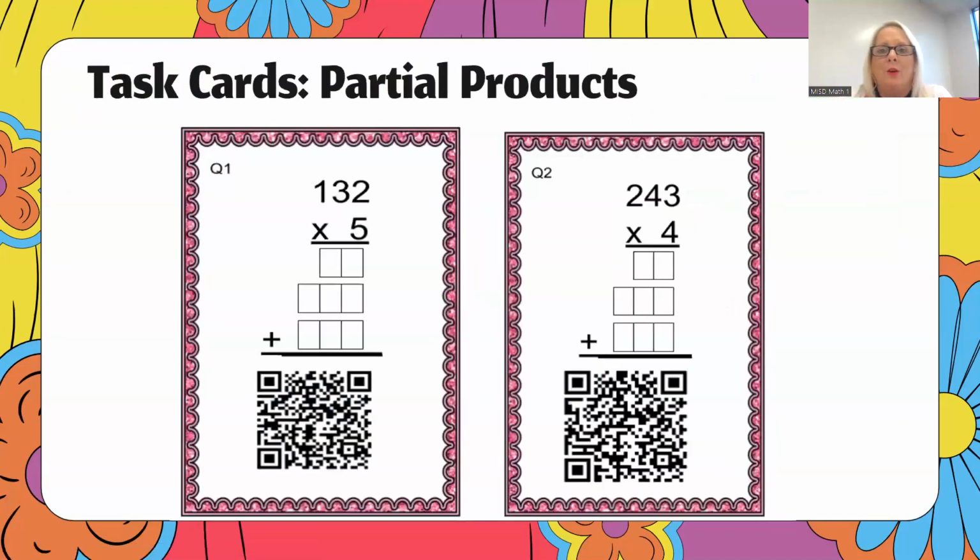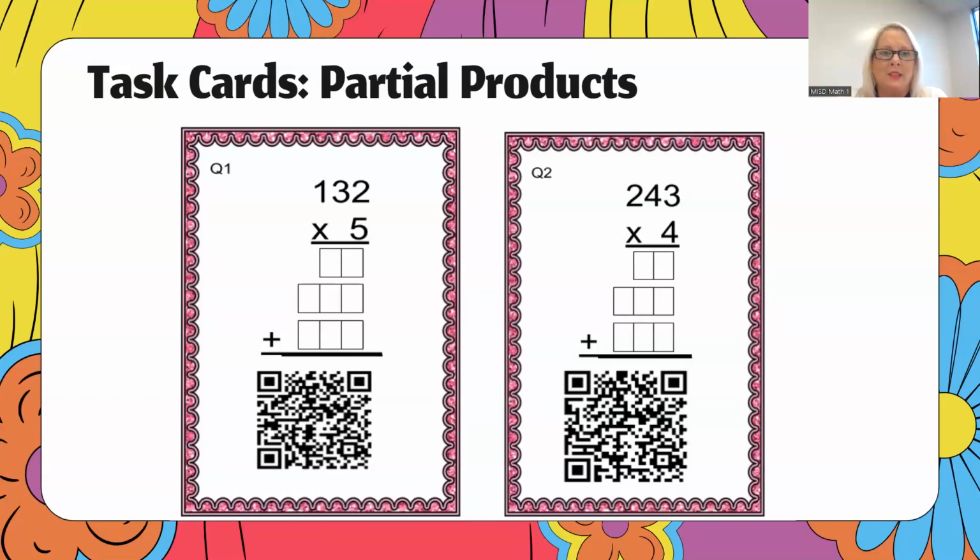Okay, in our curriculum, we have many great resources, so I hope that you're getting in there and looking at all the things. One of the resources that we have in there for partial products for this day, where we're relating the area model with the partial products, are these beautiful QR code task cards.